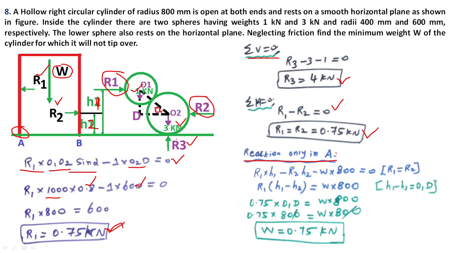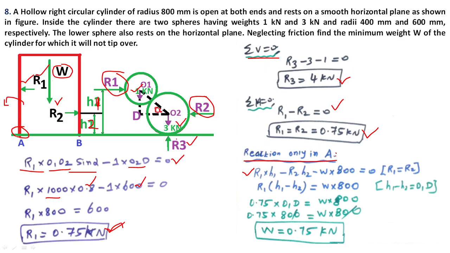This is the R1. Anti-clockwise is positive, clockwise is negative. So R1 into H1: this is the R1 force, and the perpendicular distance is H1.